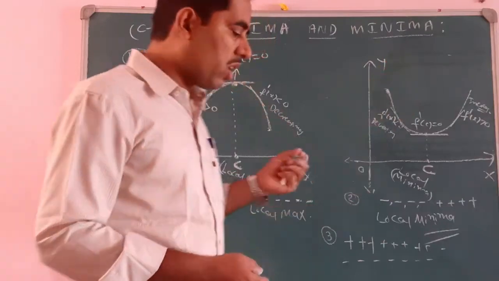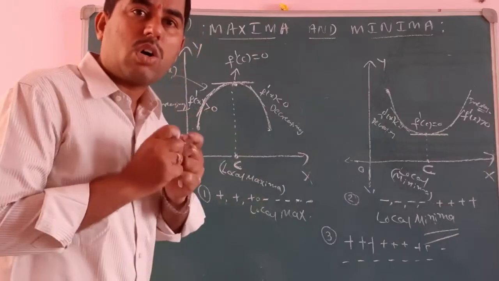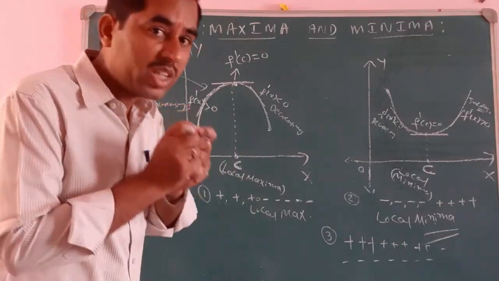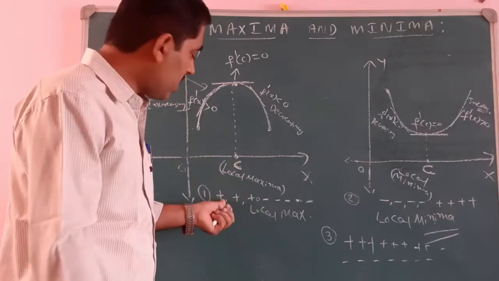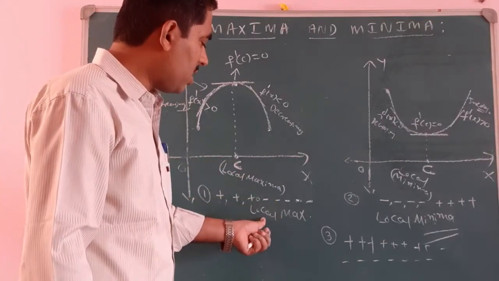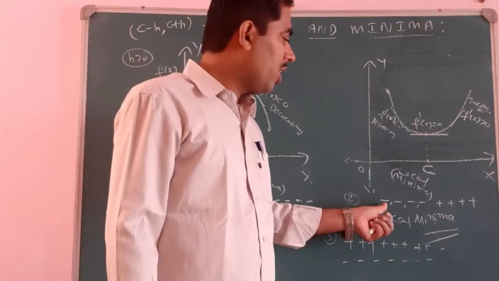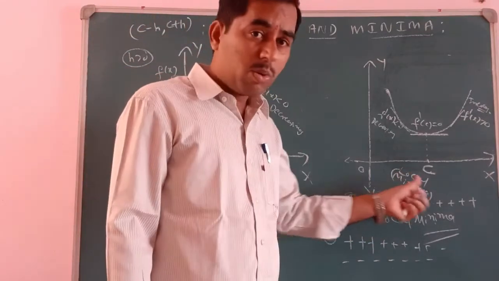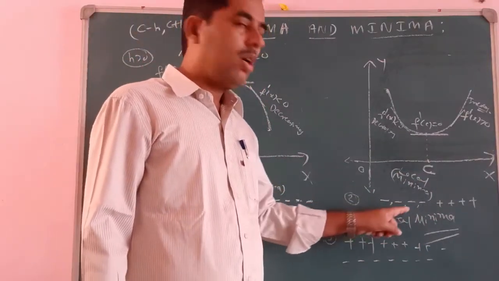So the first derivative test says, if f dash x changes its sign from positive to negative, we get a point called point of local maxima. If f dash x changes its sign from negative to positive, then you get a point called point of local minima.